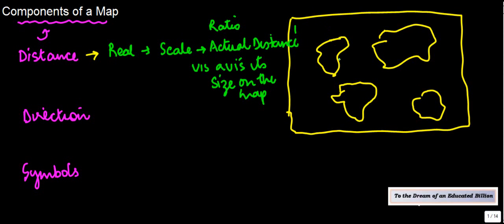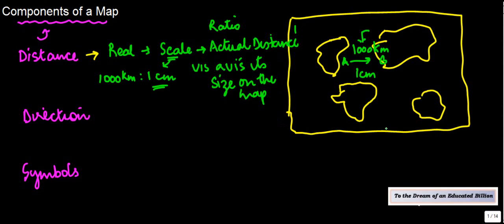Let's say these are two places A and B, and the distance between them is 1000 kilometers. The actual distance on Earth may be 1000 kilometers, but on the map it might be shown as 1 centimeter. So we say that the map has a scale of 1000 kilometers is to 1 centimeter. Every 1 centimeter on the map actually represents 1000 kilometers. This is known as the scale.